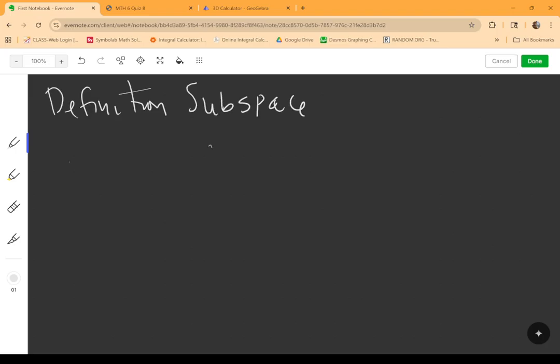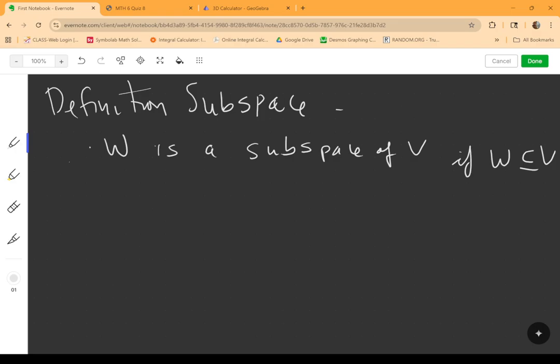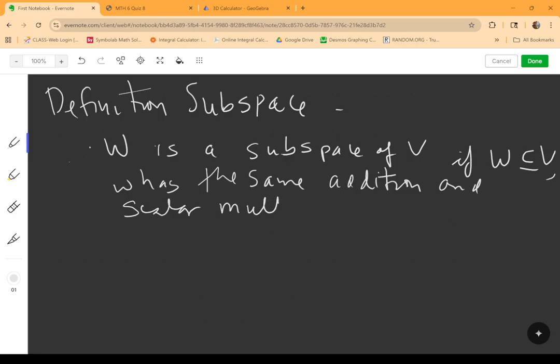We'll say W is a subspace of V if W is a subset of V, W has the same addition and scalar multiplication as V, and W itself is a vector space.